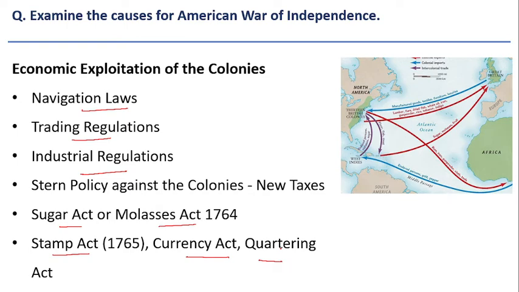Here you can see these colonies were used for exporting raw material to Great Britain, and Great Britain exported manufactured goods to these colonies. This was exactly the practice they followed in the case of India as well later. Here we are talking about the 1770s.